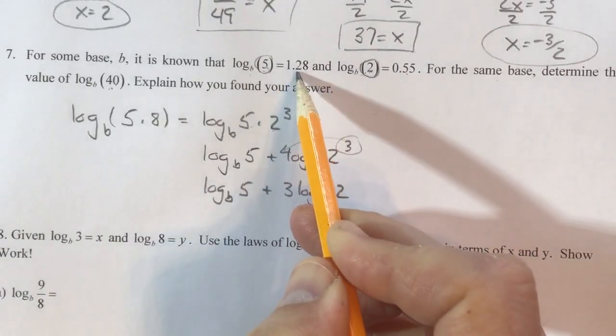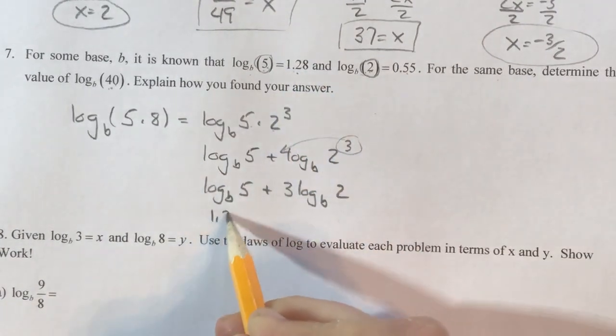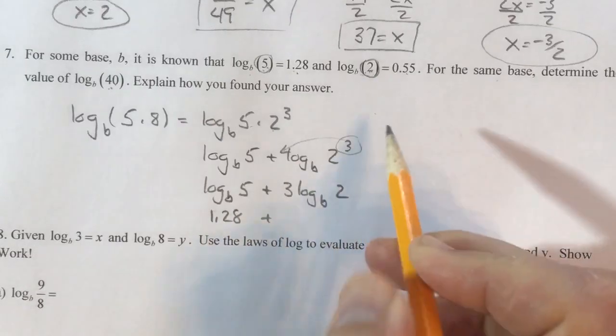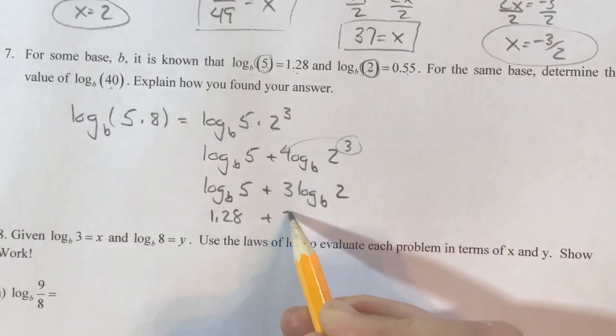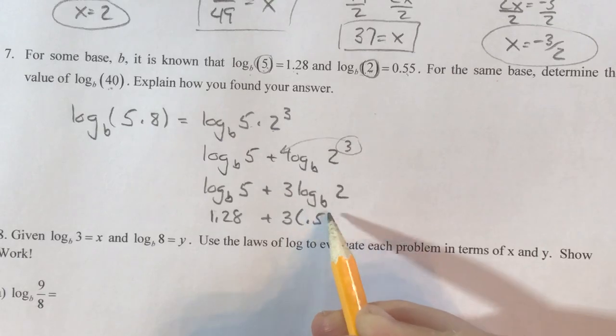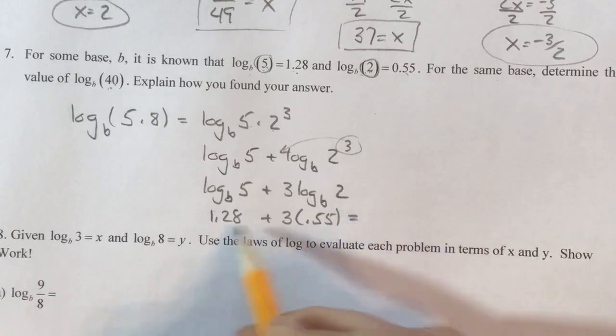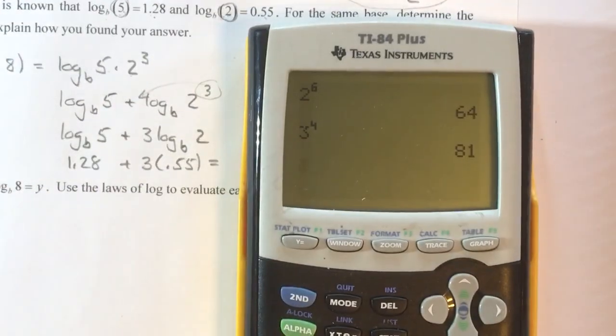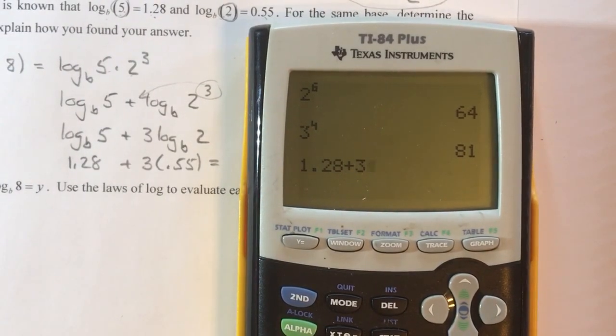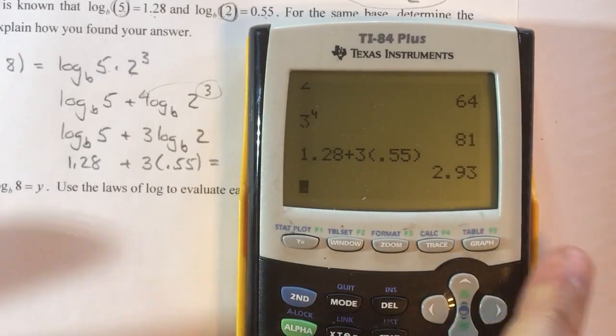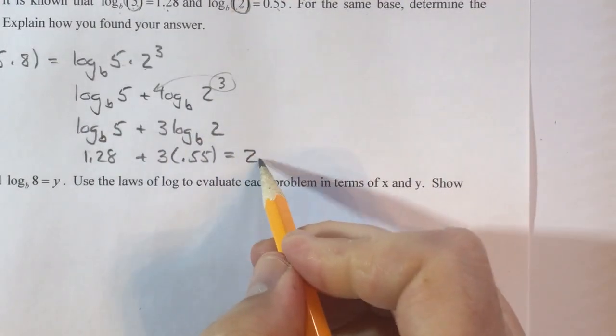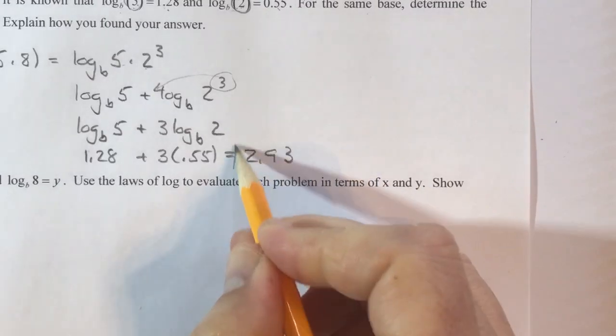And then I know this is 1.28, 1.28, and this is 0.55. So bust out the calculator. 0.93.